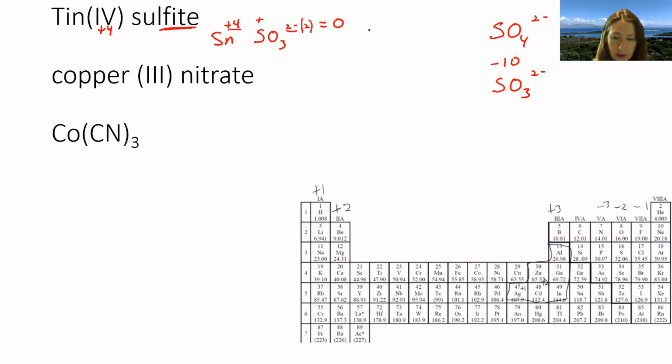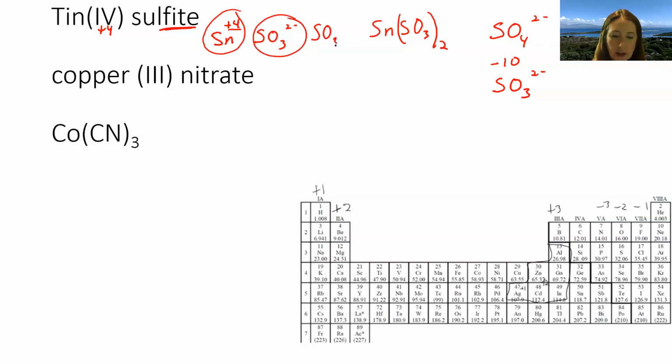So it would be Sn(SO3)2, 2 of them, right? So another way to think of this is 1 tin is a +4, 1 sulfite is a -2, so we need another sulfite.